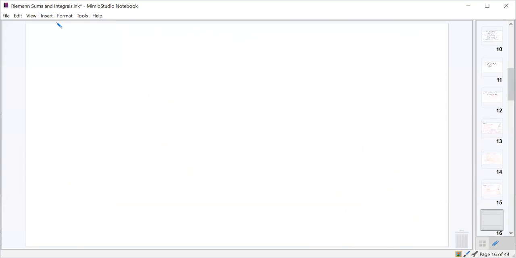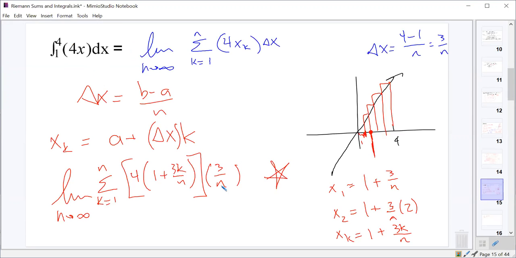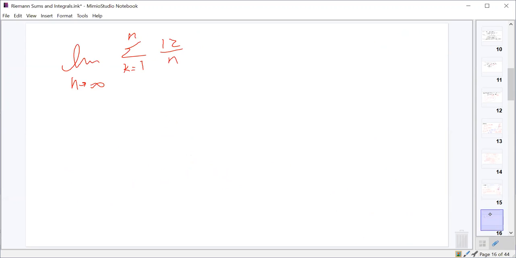So this is going to become a limit as n approaches infinity of a sum from k equals 1 to n of, let's see, it was 12 over n, right? 4 times 1 times 3 over n. And then 4 times 3k over n is 12k over n. So 36k over n squared.